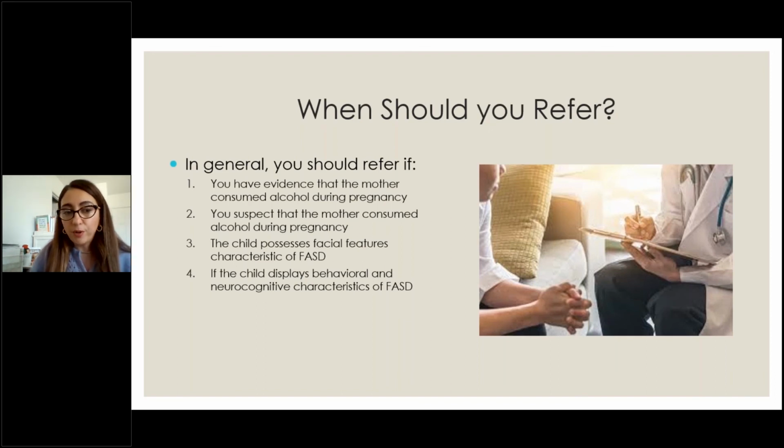We can still go ahead and refer. And of course, if the child possesses the facial features characteristic of FASD that has been either documented by a report, by genetics, by a prior doctor, or we can suspect it as well. And if the child displays the behavioral and neurocognitive characteristics of FASD, which I have outlined more specifically in my first training, where I talked about the red flags of FASD.